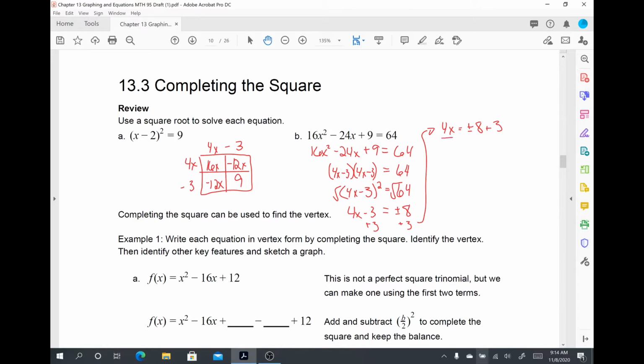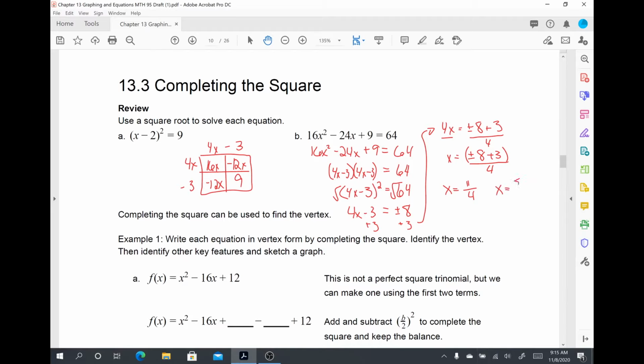And we'll divide everything by 4. We'll have x equals plus or minus 8 plus 3 over 4. Make sure you do the numerator first. There's implied parentheses here.